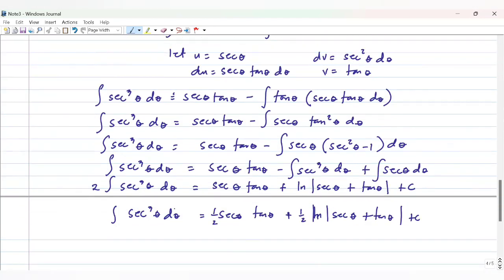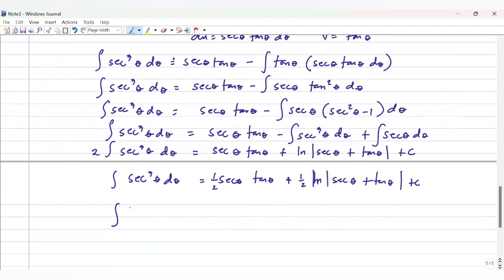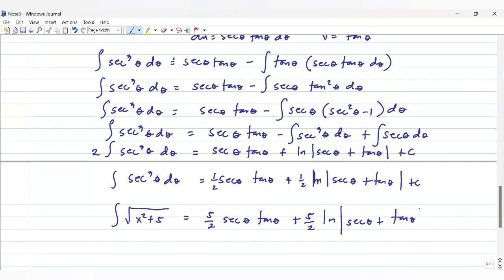So finally, our integral of the square root of x squared plus 5 is equal to 5/2 secant theta tangent of theta plus 5/2 ln of secant of theta plus tangent of theta plus c.